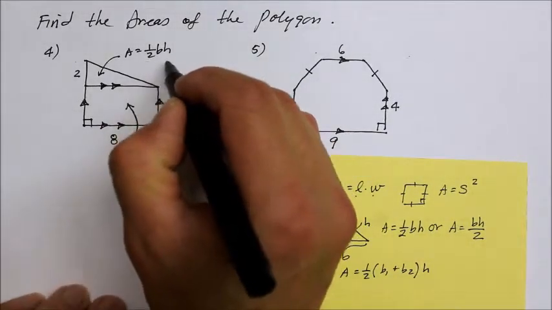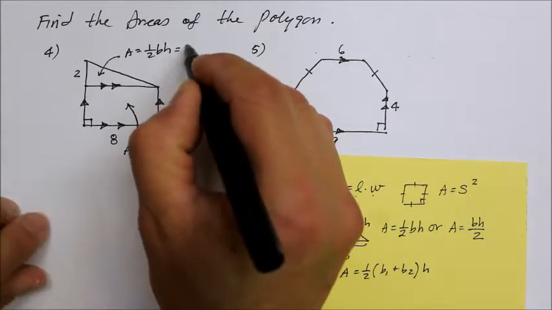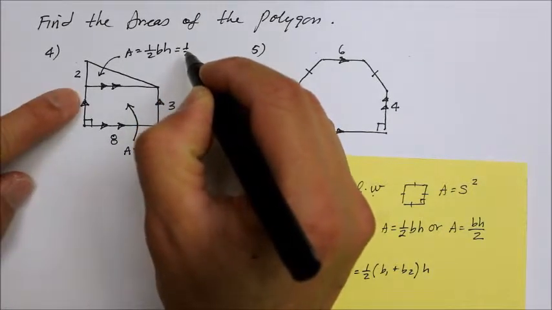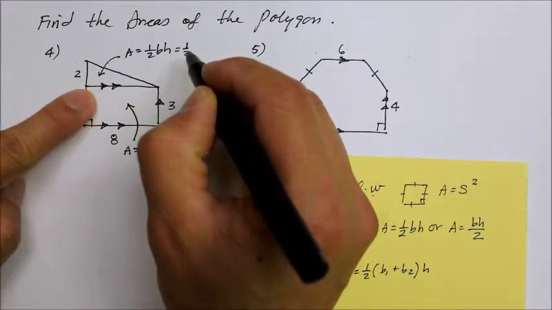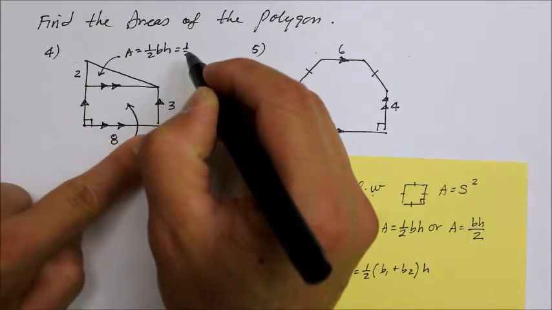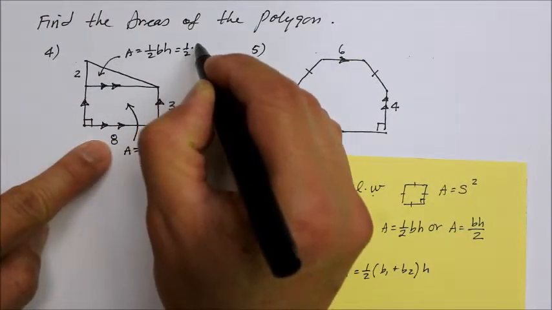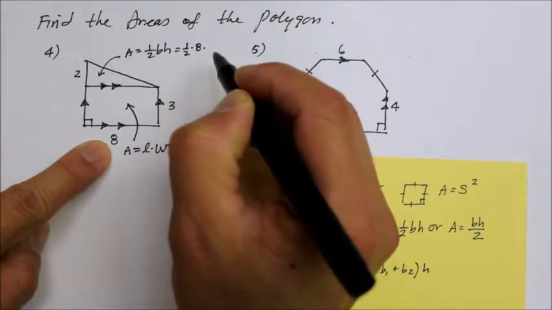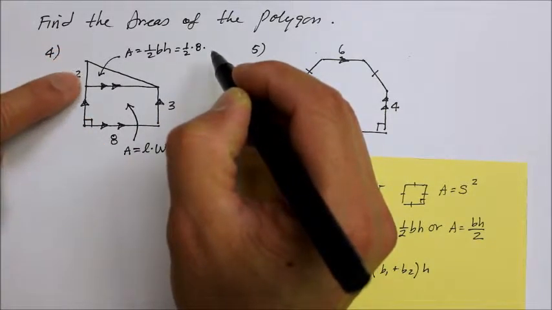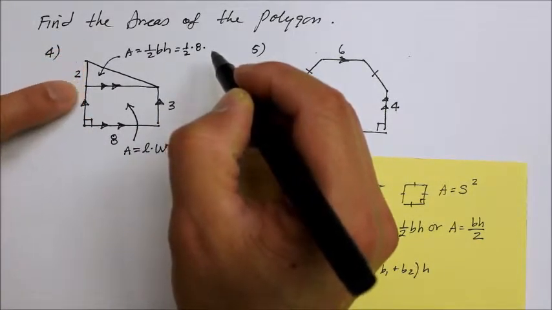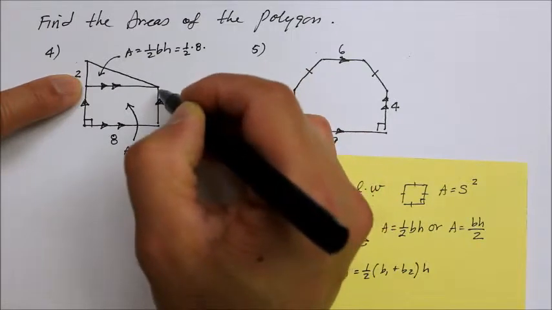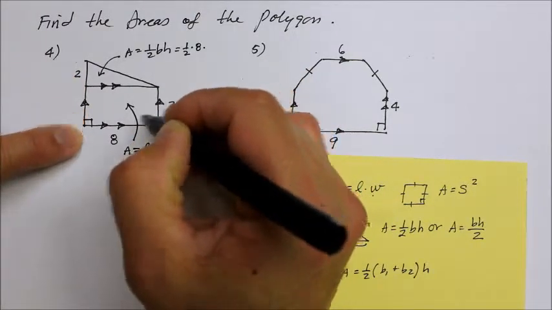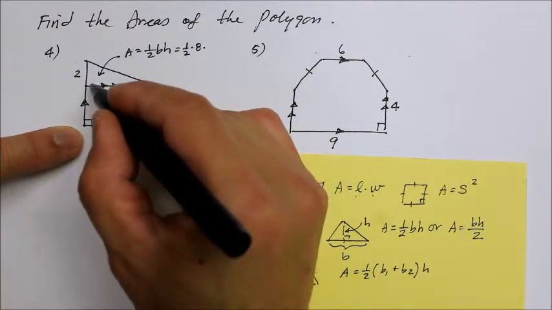So for this one, area equals 1/2 times base times height. So it's 1/2 times the base of this triangle, which is the same as the base of the rectangle, which is 8. So times 8 times the height, which is perpendicular even though there's no notation, by definition of the rectangle. This is right, then this is right.